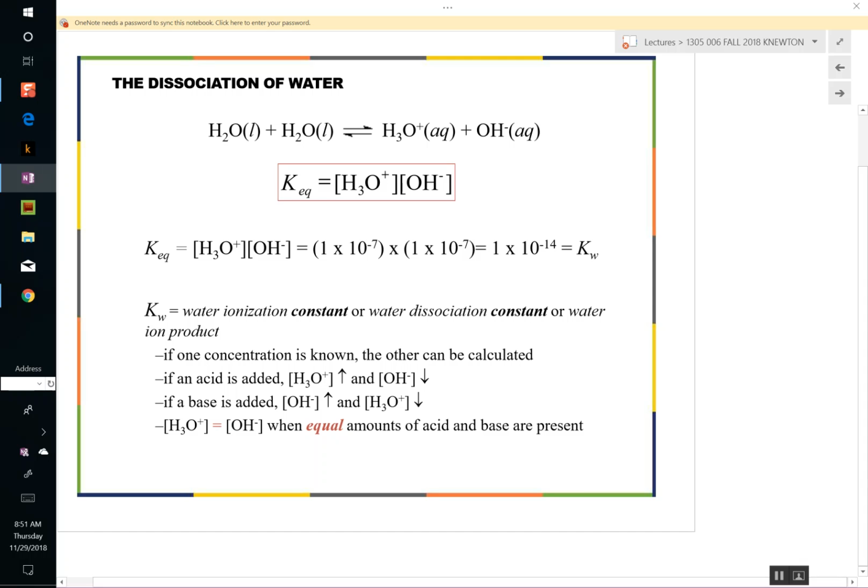All right, so if an acid is added to that pure water, it raises the hydronium ion concentration, it lowers the hydroxide ion concentration. But in such a way that that product is still going to be that number.